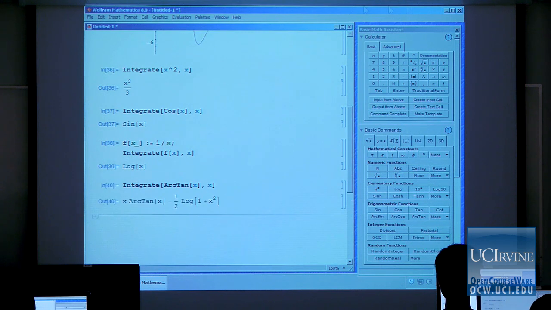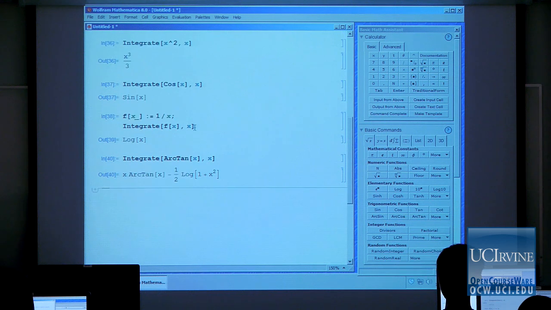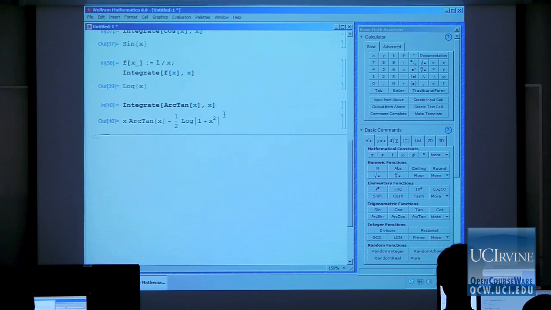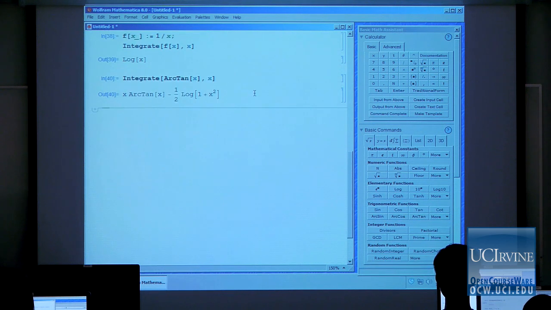Well, let's find out. Okay, so you see things start getting a little more complicated. Probably if I gave you a pencil and paper and said, if you can't solve that integral, you'll flunk the class, you could have worked that one out, all right? But it's much easier to use Mathematica.